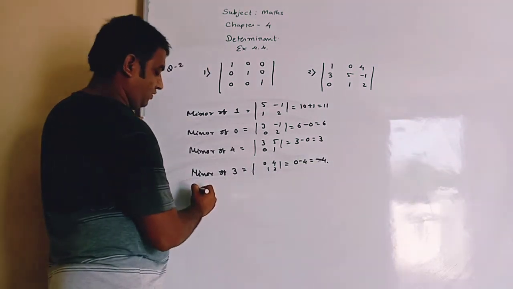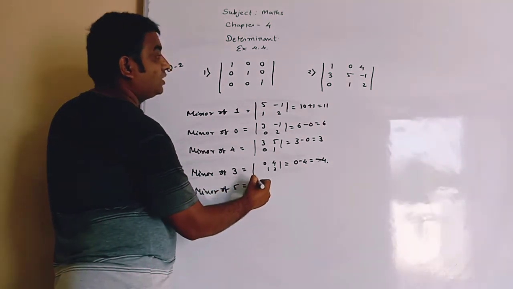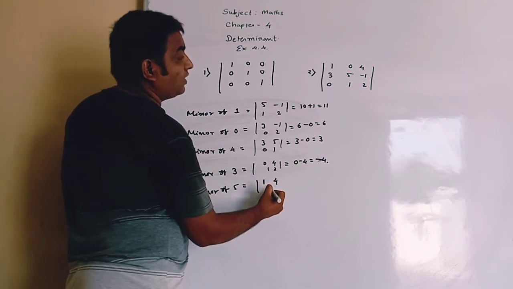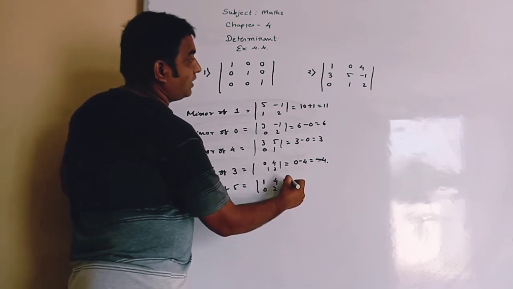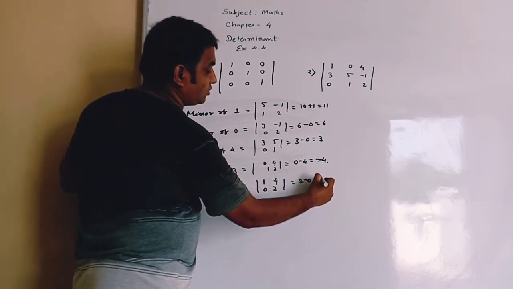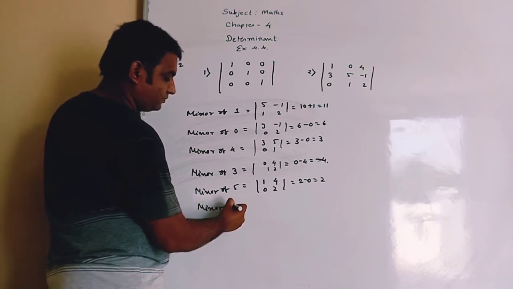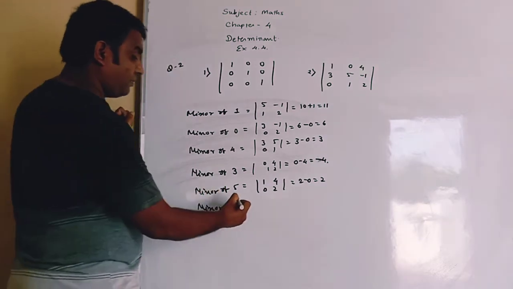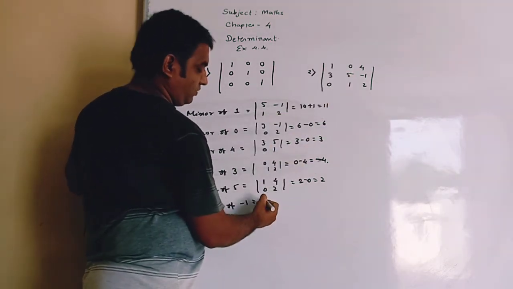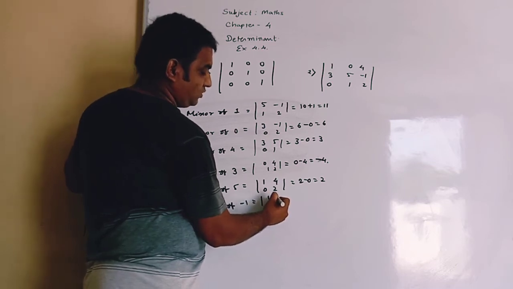Minor of 5, so 5 containing row and column we take, then 1 4 0 2, and so it will be 2 minus 0, so 2. Minor of minus 1 we write, then minus 1 containing row and column we remove, then we get 1 0 0 1.